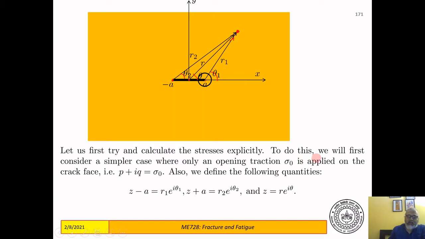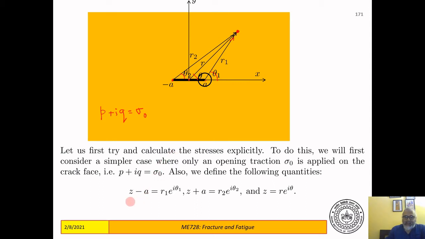And for the first case, we will take that P plus iQ is equal to just sigma naught, where P is equal to sigma naught, which means that only an opening stress is applied on the crack faces, opening pressure is applied on the crack faces, and there is no shear component. Q is equal to 0. That's what we are going to do.